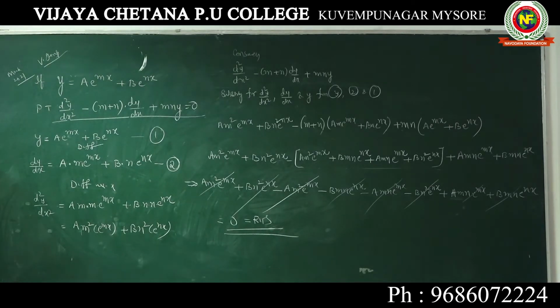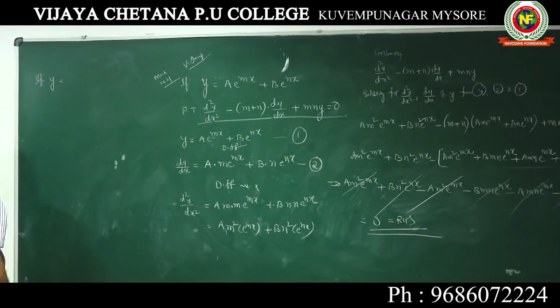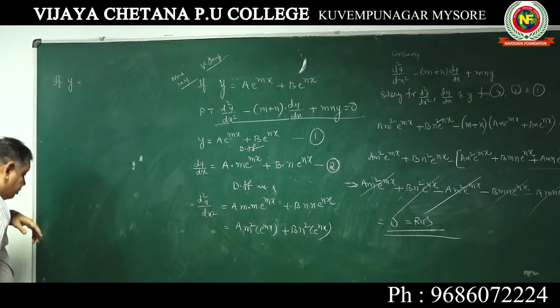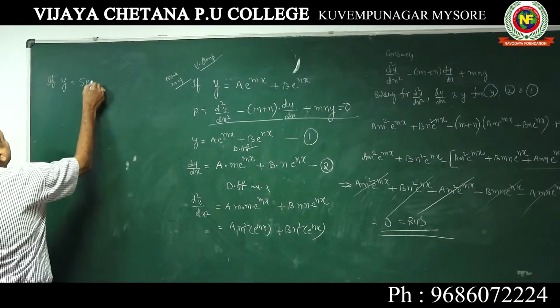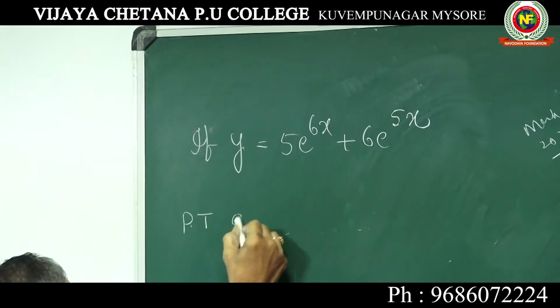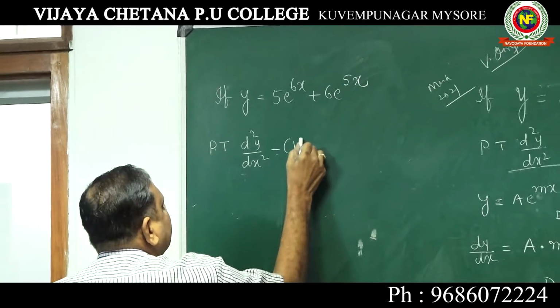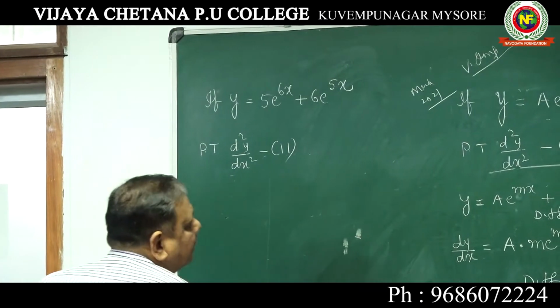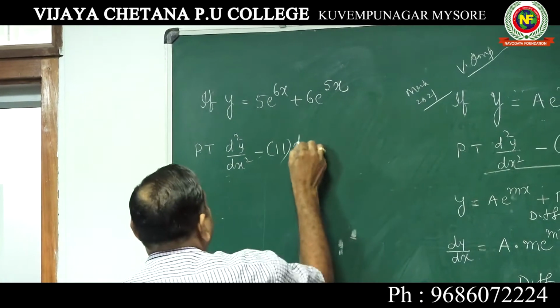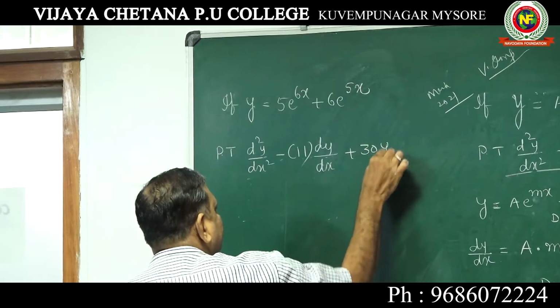Okay, you take this problem, please try this. Important. If y is equal to 5 e to the power of 6x, then prove that d square y over dx square minus 11 dy by dx plus 30y is equal to 0.